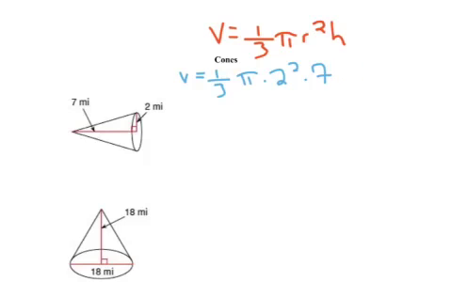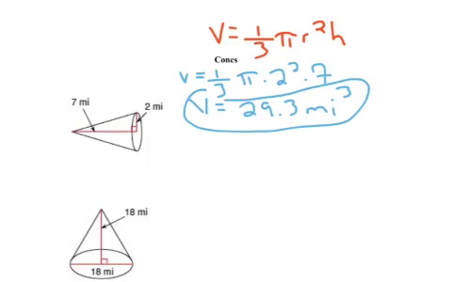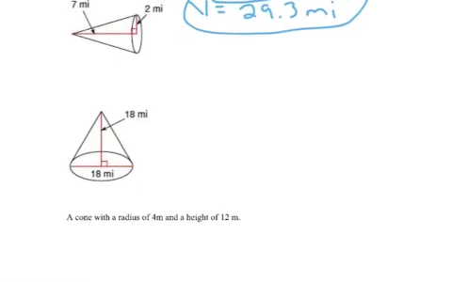And if you did it correctly, you should get a volume of roughly 29.3 cubic miles. If you did not get this answer by plugging it in your calculator directly as you see it, raise your hand because your teacher will show you how to get that. Next question.